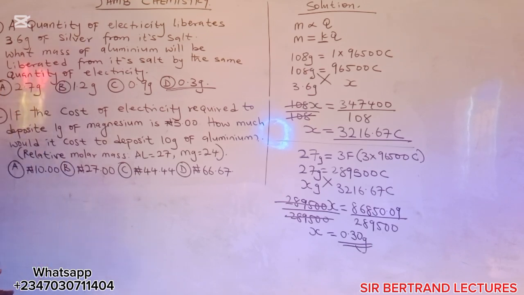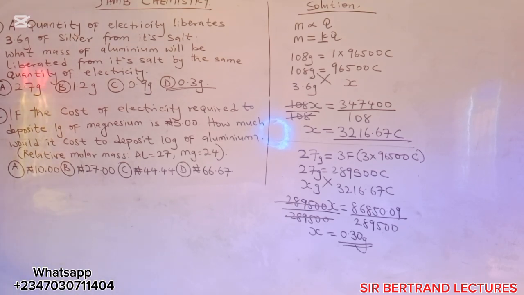Next, we're going to look at question number 2. Question number 2 says: if the cost of electricity required to deposit 1 gram of magnesium is 5 naira, how much would it cost to deposit 10 grams of aluminium?